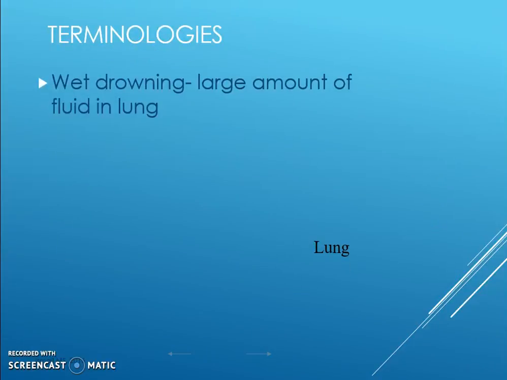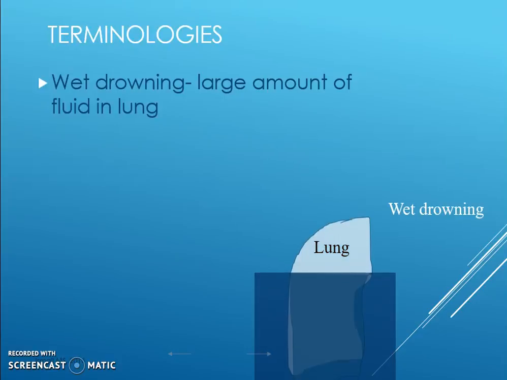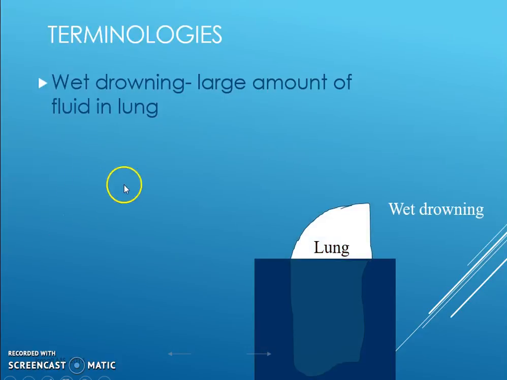Now, the next thing is called wet drowning. Wet drowning is when someone drowned, he's dead. Remember, drowning is dead. So when someone drowns, and at autopsy you open up and find that the lung is heavy with water, we call it wet drowning.